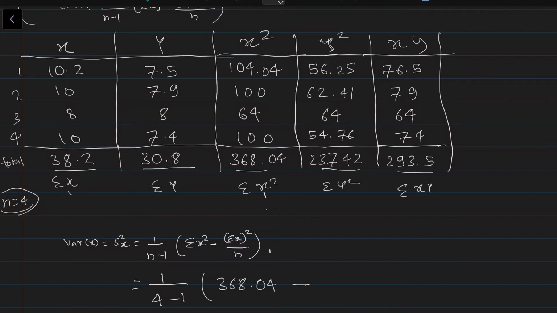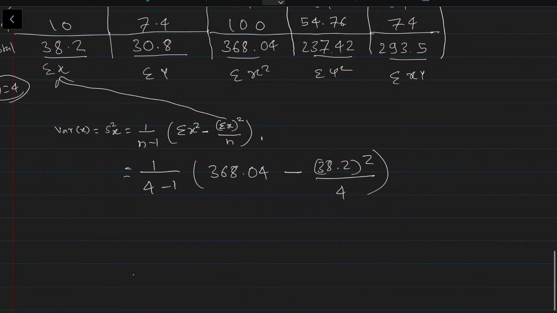So basically we are going to get the summation of x and then square it. Don't confuse this with summation of x square, this one, because that's not correct. And then just simple math, solve it.